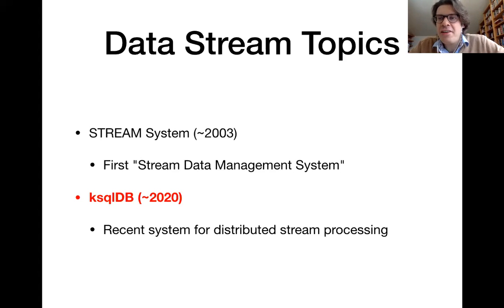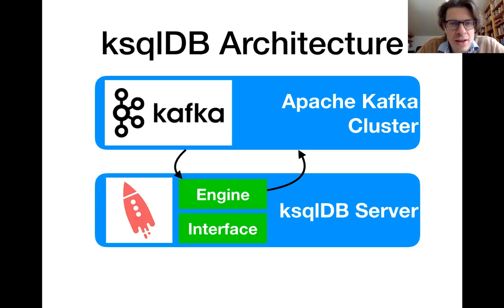Then we are going to discuss now another system, a recent one called ksqlDB, which is a system for distributed stream processing. And often, if you deal with really large amounts of data or queries, then we probably want to do distributed processing.